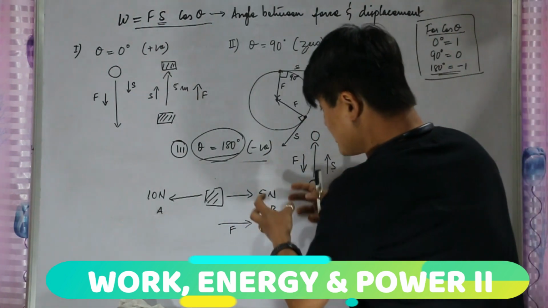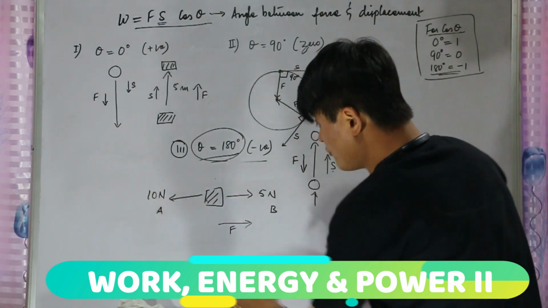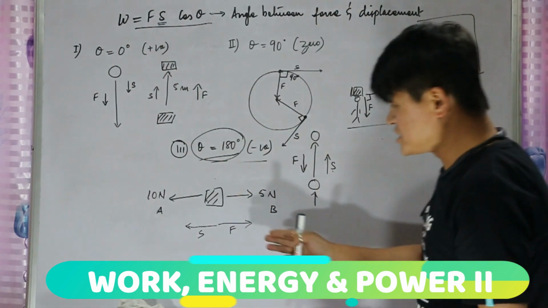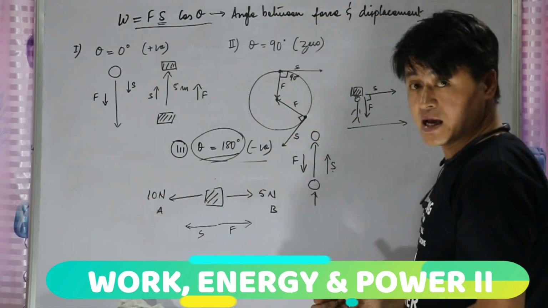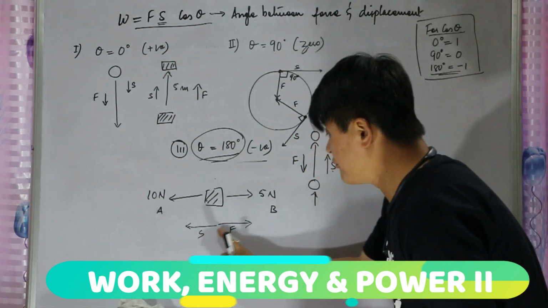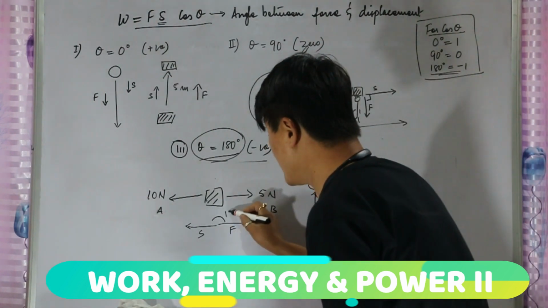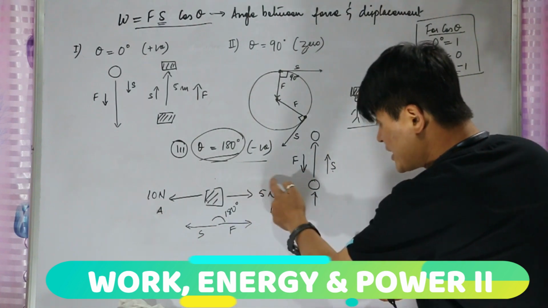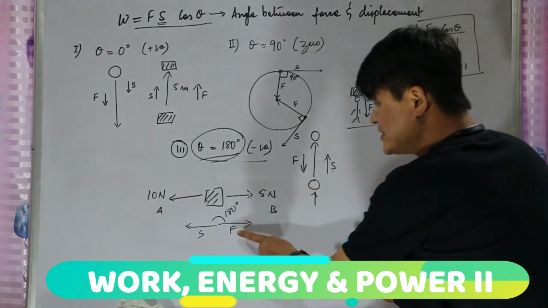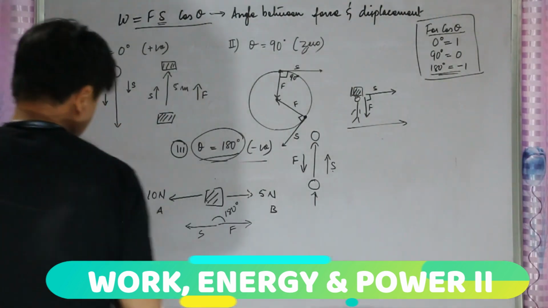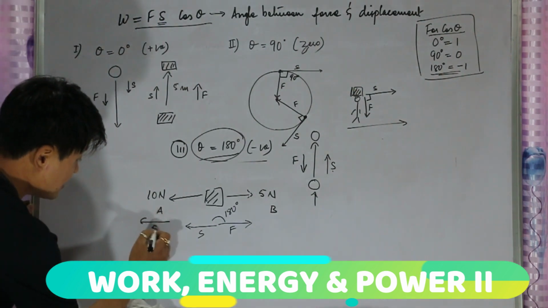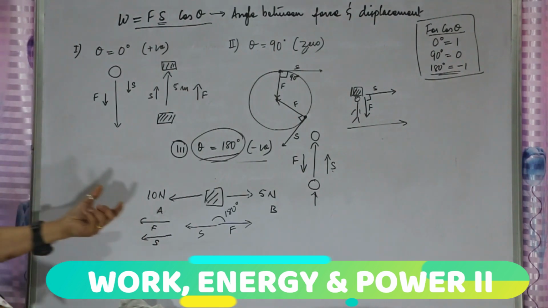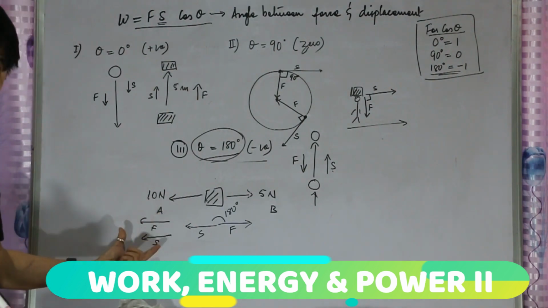But A is applying more force, so the body will move in the direction of S. The displacement will be towards this direction. At that time, the angle between B's force and the displacement will be 180 degrees, so the work done by B will be negative, whereas for A the force and the displacement are in the same direction, so the work done by A will be positive.